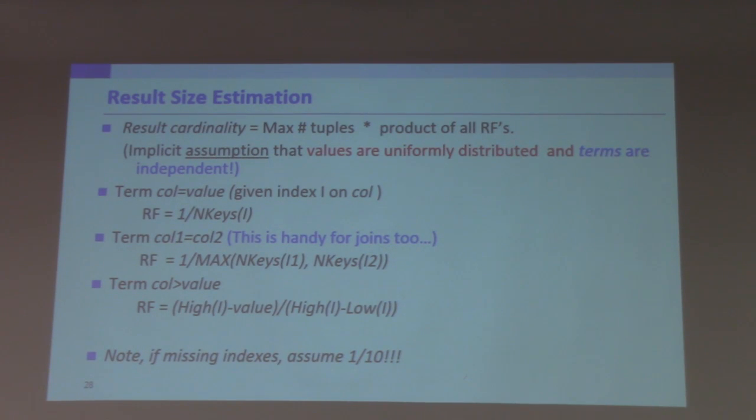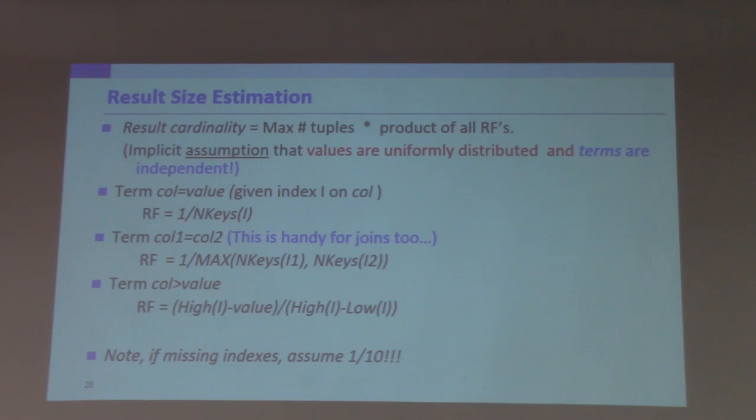If we assume uniform distribution on the attribute, the selectivity of this is simply 1 over the number of distinct values on that attribute. For example, rating equal to 10. If you know you have 10 rating values and rating follows a uniform distribution, the selectivity of this is simply 1 over 10 because there are 10 different rating values.